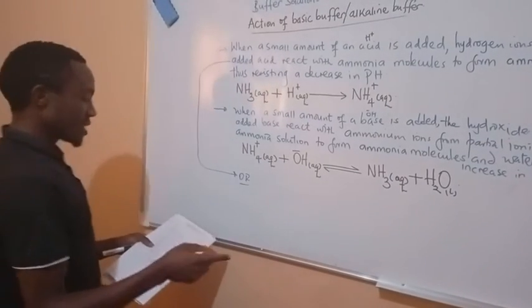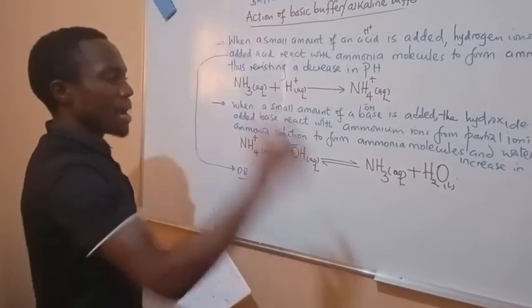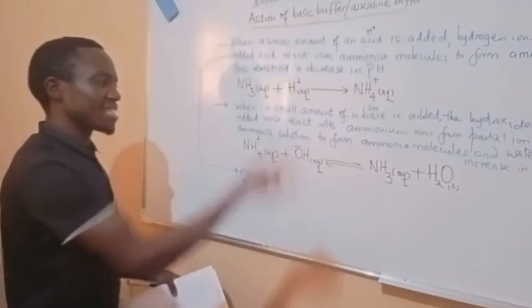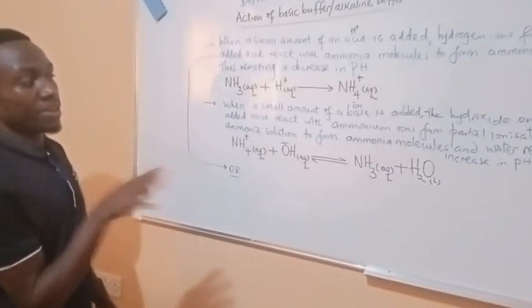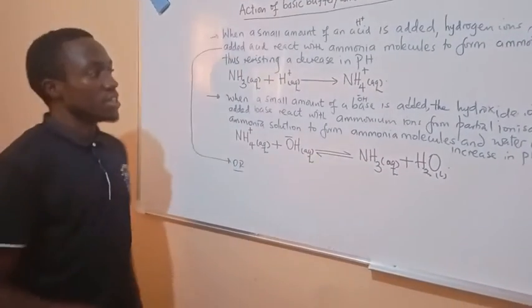And the moment you form water, it means that more of the ammonia will keep ionizing to replace the used up hydroxide ions, keeping the pH of the solution almost constant.